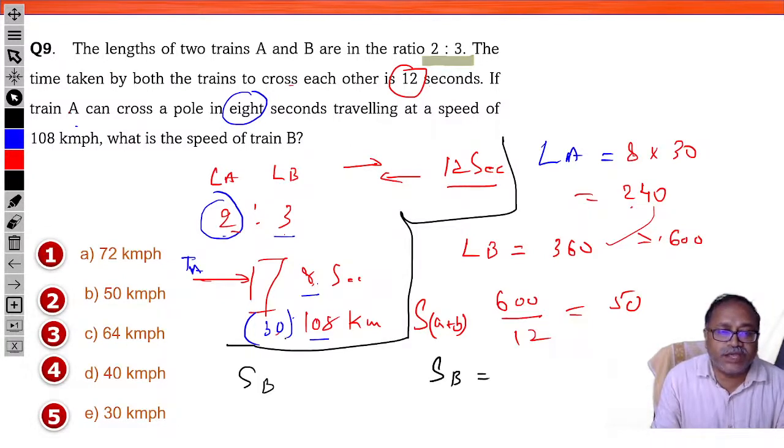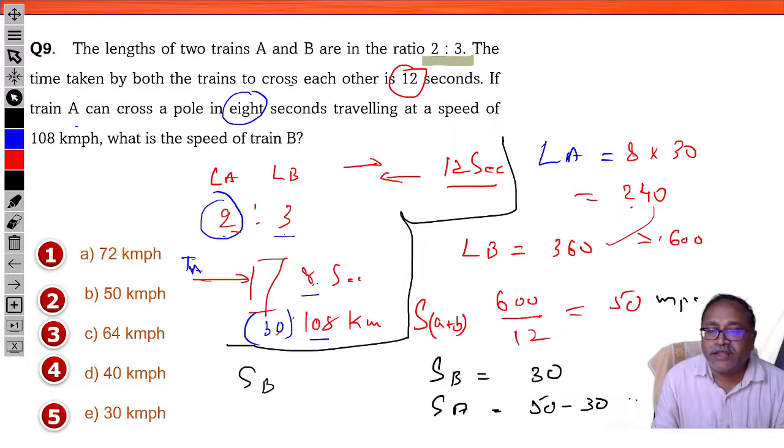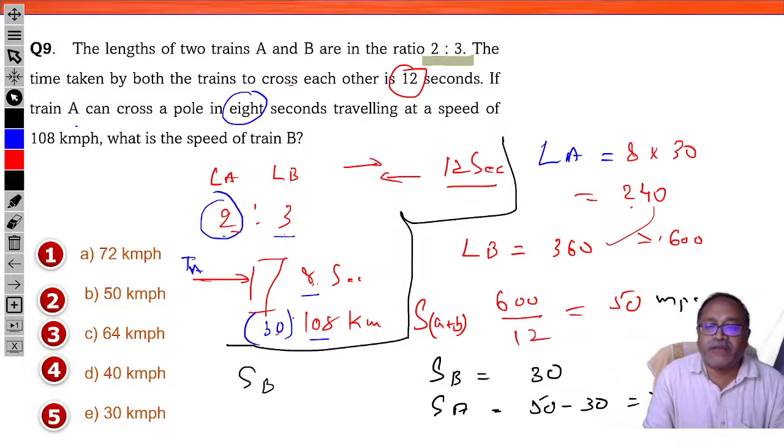The speed of B is 30 meter per second. So what is the speed of A? The speed of A is 50 minus 30, that is 20 meter per second. But everything is given in kilometer per hour. So that's 20 into 18 by 5, and you get 4, and 18 into 4 is 72 kilometer per hour.